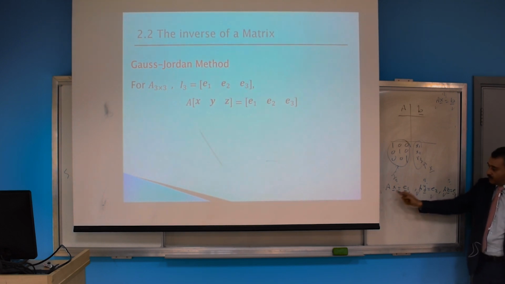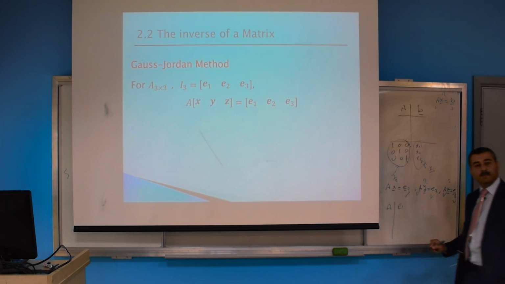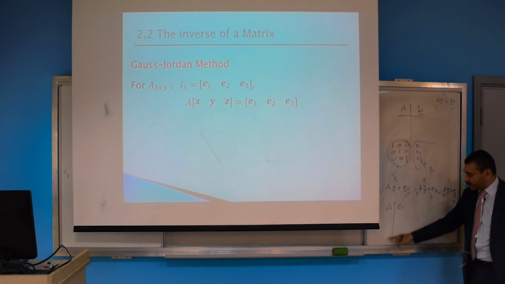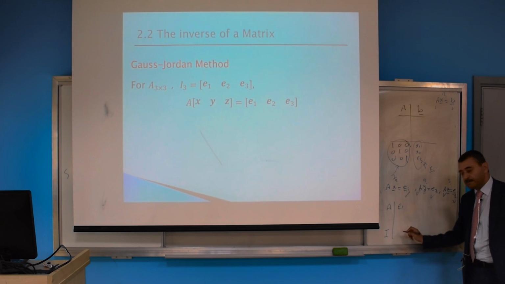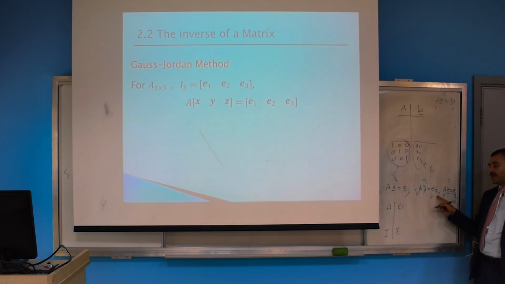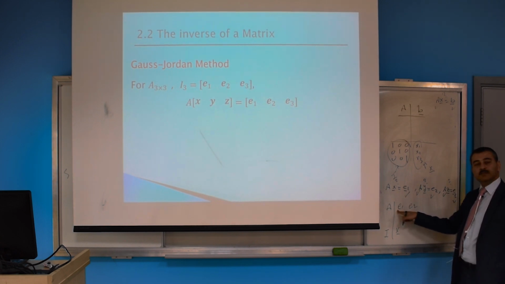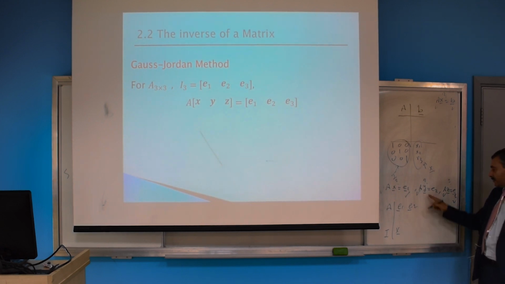I write A augmented with E1. Okay? And if you reach here I, then you'll get here x. What if I write in the right hand side E2? If you write here E2 instead of E1, what do we get after reduction? y. We will get y.